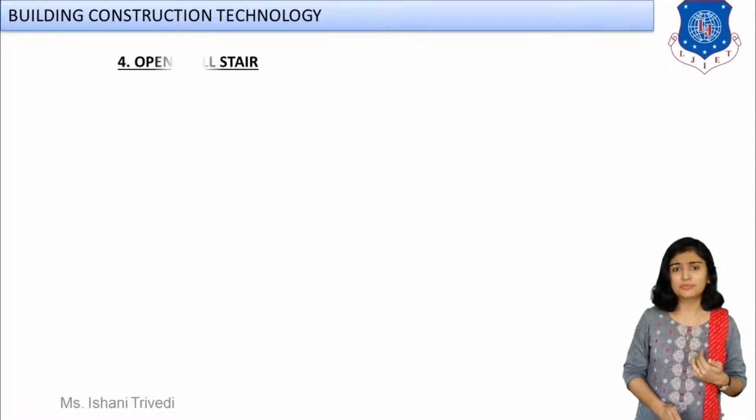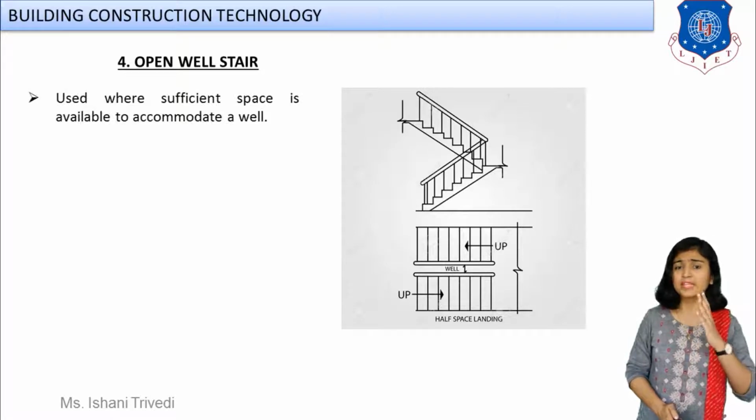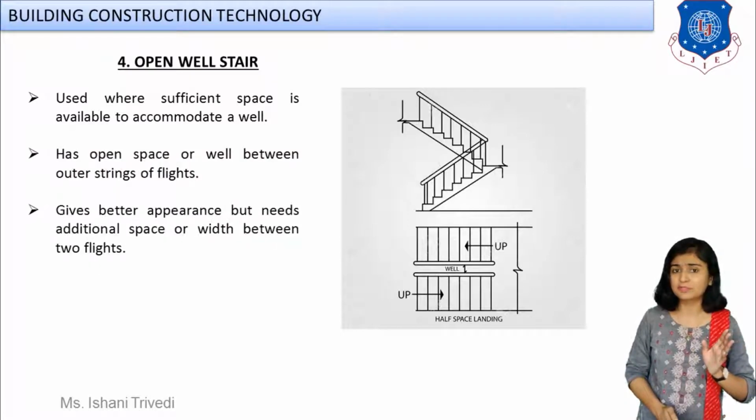So now let us move forward with the next type of half turn stairs, that is open well stair. Now this is very much similar to dog leg stair. There is as such no major difference between these two types of stair, but you can spot one difference, right? Can you guess that by looking at the sketch? I think you can.